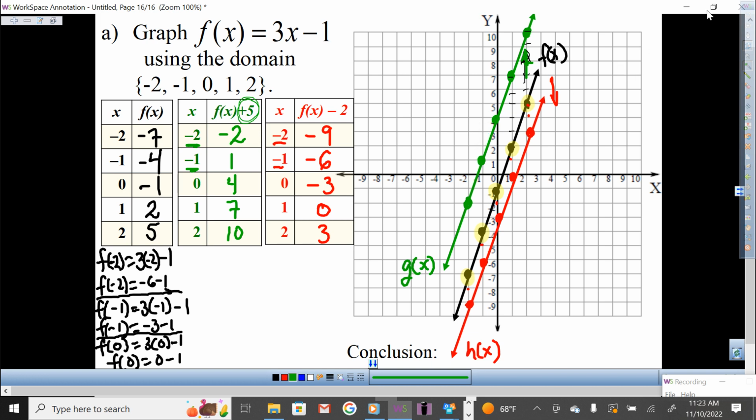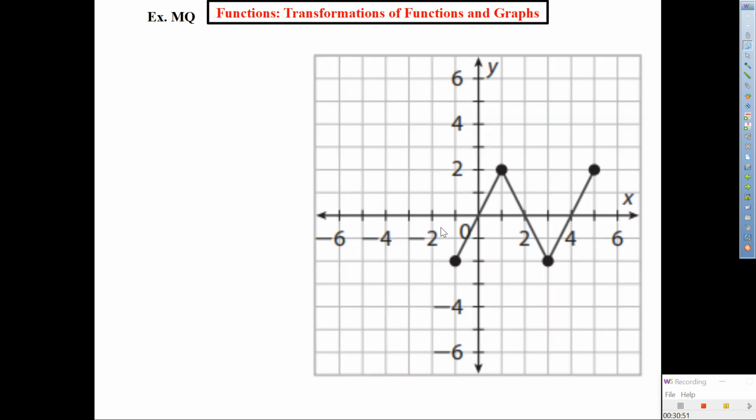All right, let's see how we do. Turn your paper over to the big graph, copy this. It's only 4 points. Plot those 4. At the top, you're going to write example omega q. Instructions. The graph of f of x is shown, so you're going to label that graph f of x.